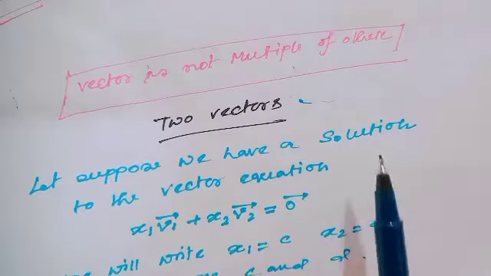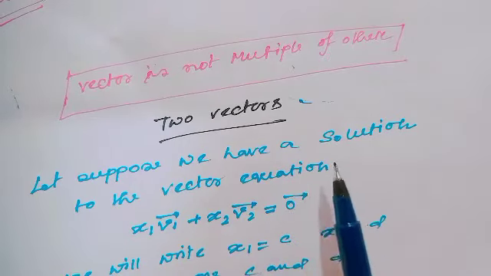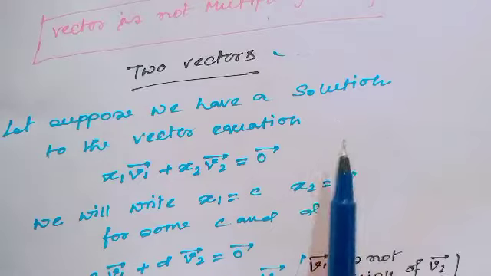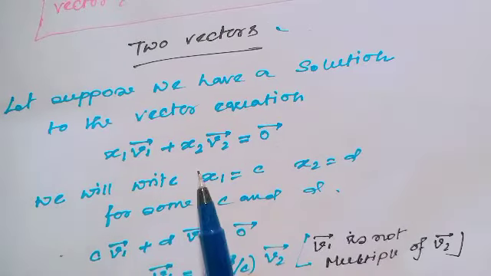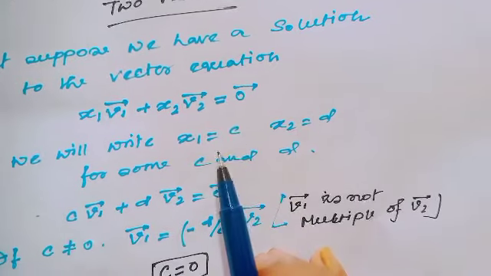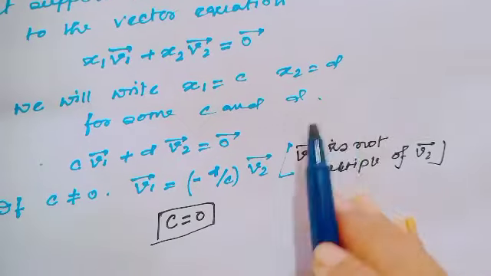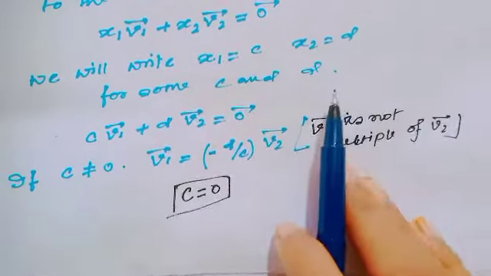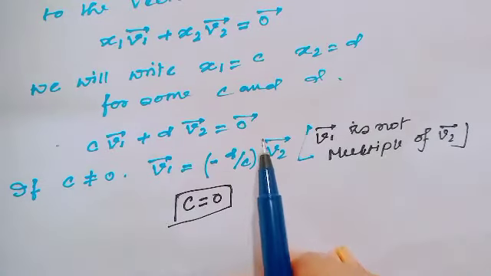When the vector is not a multiple of the other, let's suppose we have a solution to the vector equation x1 v1 plus x2 v2 equal to 0 vector. And consider x1 equal to c and x2 equal to d for some c and d. Then the equation will be c v1 plus d v2 equal to 0 vector.